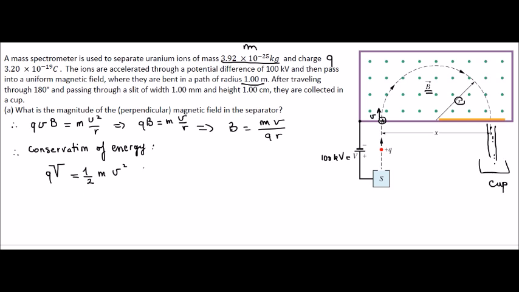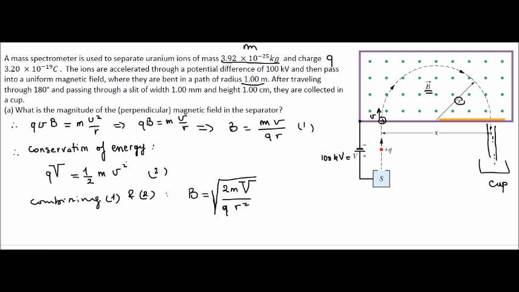I can calculate v from here, put it here and get B. Or instead I can combine the two formulas. I leave this for you: if you combine 1 and 2, we get B equals the square root of 2mV over q r squared.